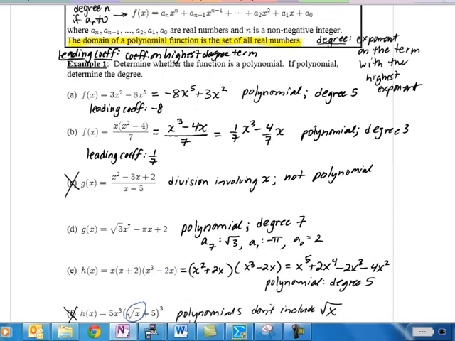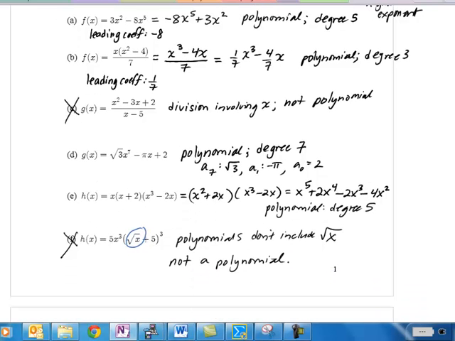In example D, the leading coefficient is square root of 3. And example E, the leading coefficient is 1, on x to the 5th.